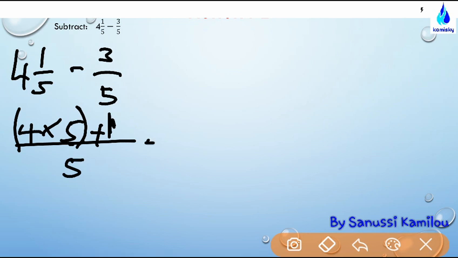Now the next one is already not a mixed fraction, so we keep it like that. So we have to find what is in the bracket. What's in the bracket here? 5 times 4 will give us what?